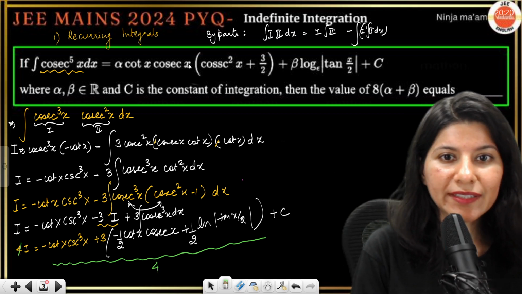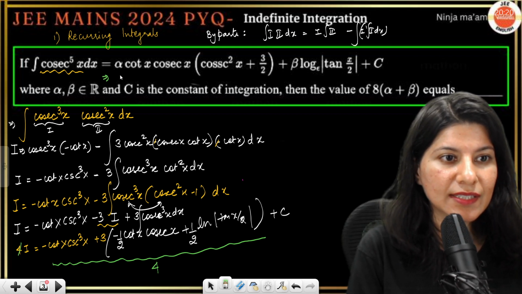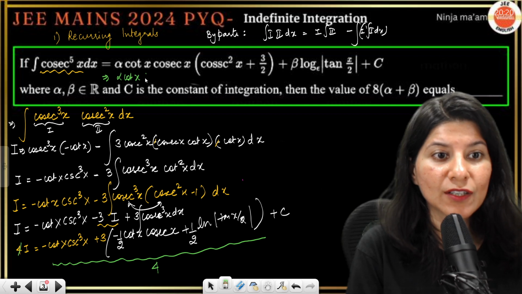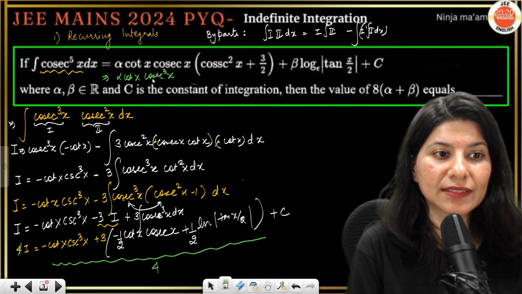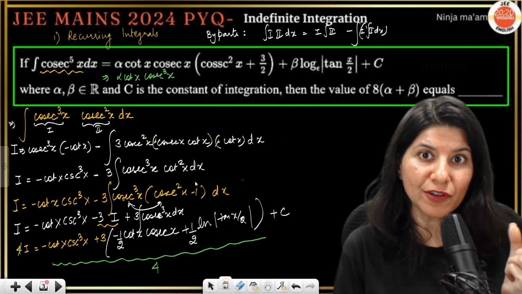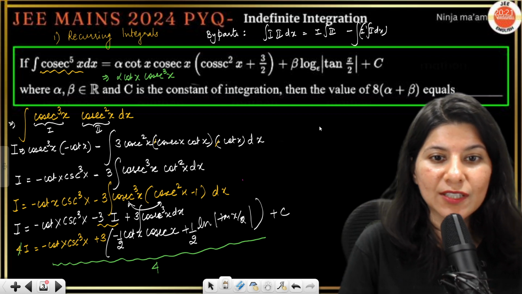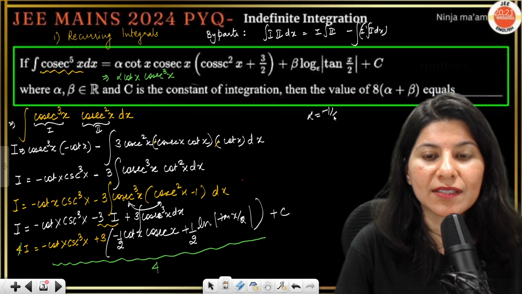Compare. So clearly we can observe that this is alpha cot x cosec cube x. Okay, so alpha will be the coefficient of cot x cosec cube x. So that is minus 1 by 4. So alpha is coming out as minus 1 by 4.